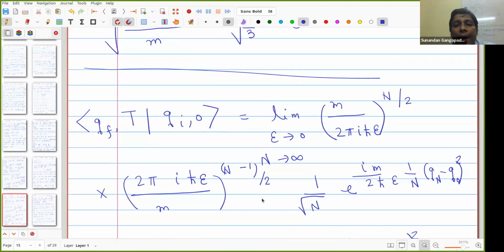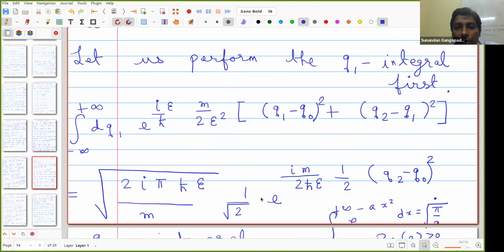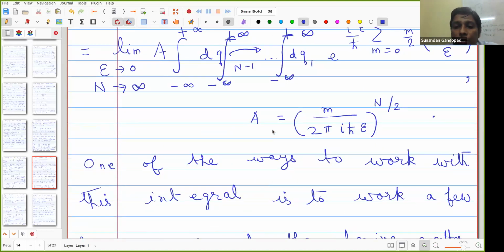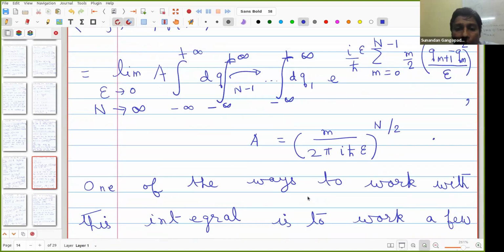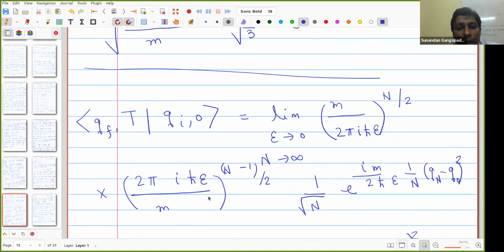If you perform all the n-1 integrals, you need to keep in mind that if you go back here, the skeleton form of the path integral had a constant A here, and that constant was given by this value. So you have to also keep track of the value of this constant, and perform all the n-1 integrals.